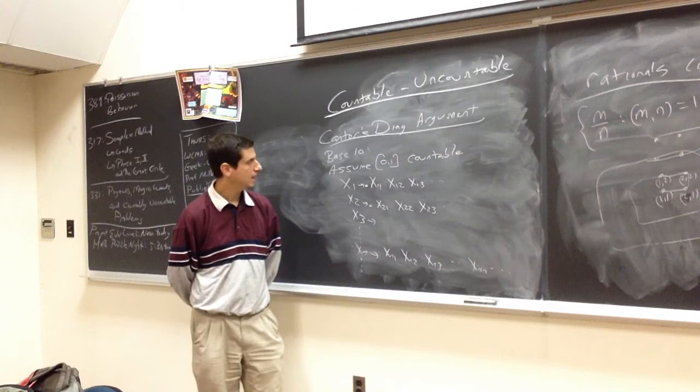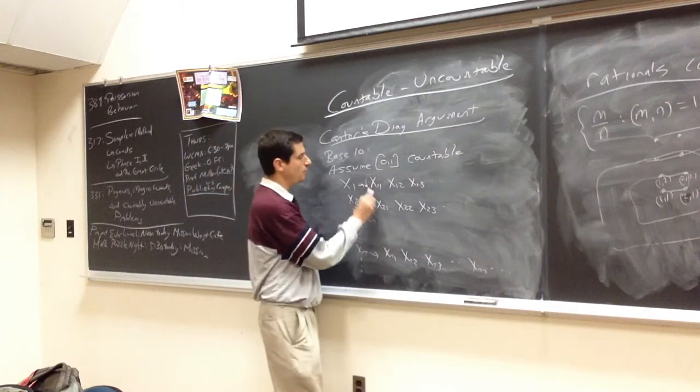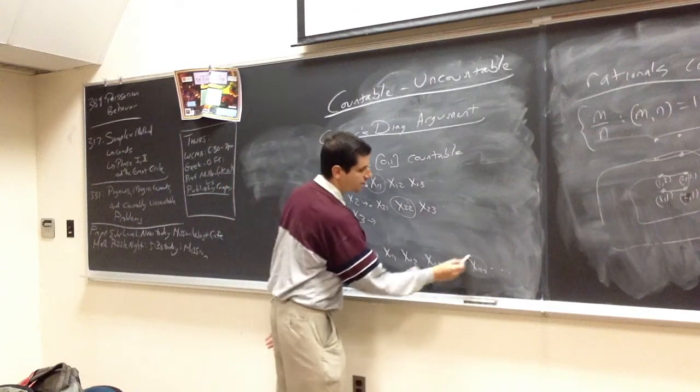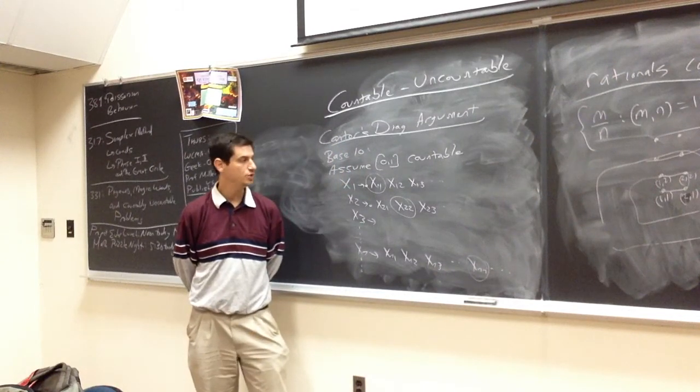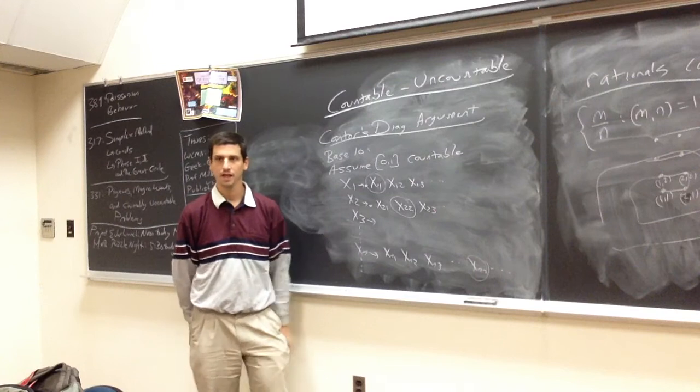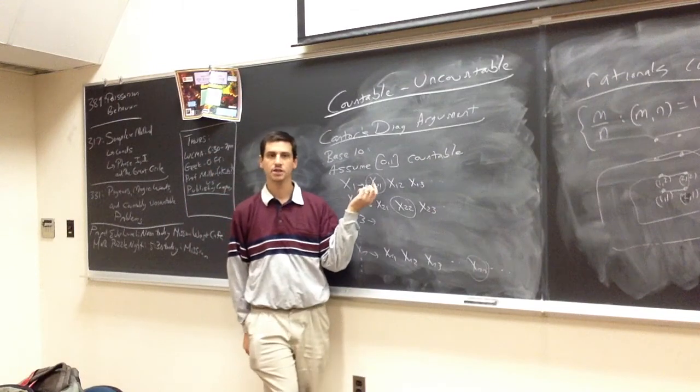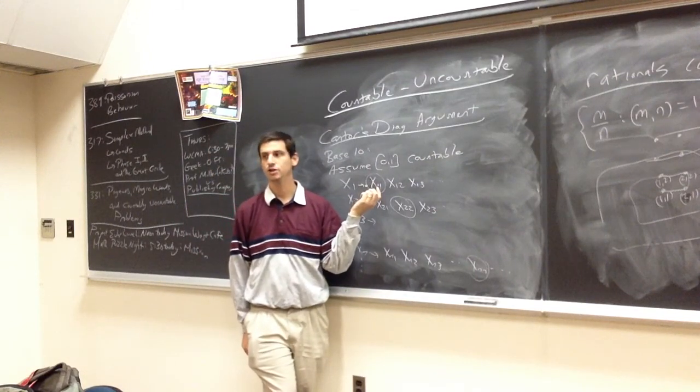And so now Cantor's diagonalization argument is: form a new number, but look at all these diagonal numbers and modify them. And that will give you a new number that's not on the list. One possibility is, whatever number I have here, choose a different number. If the number is not a 5, make it a 5.